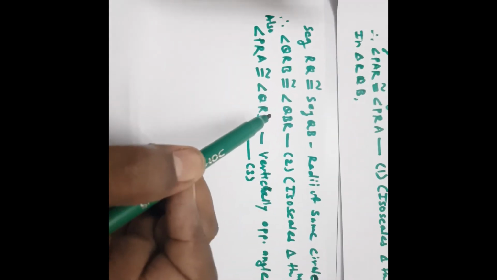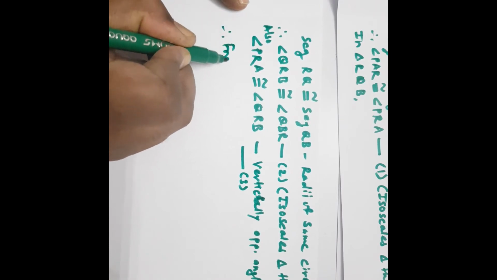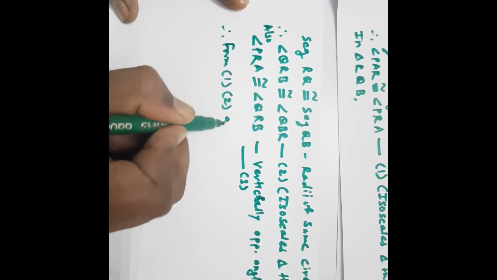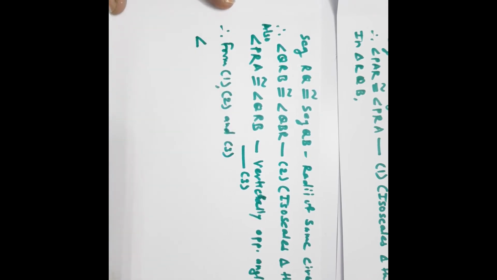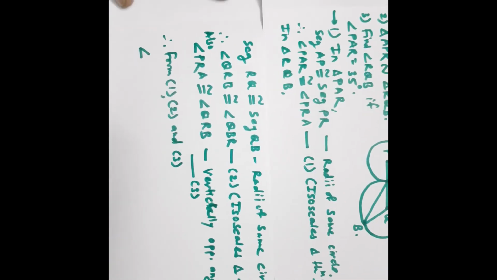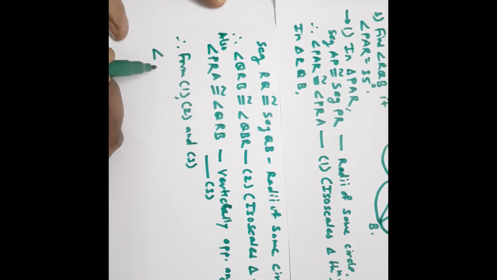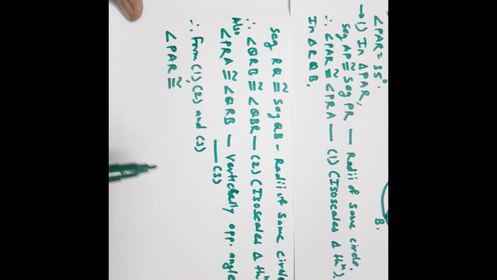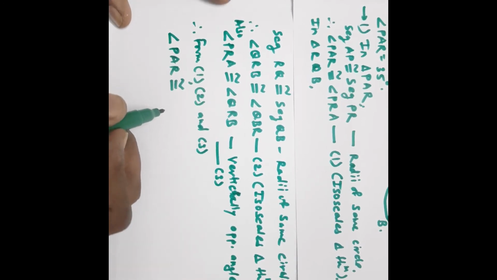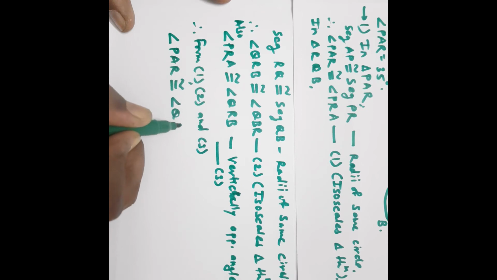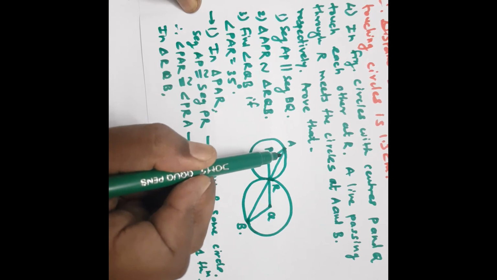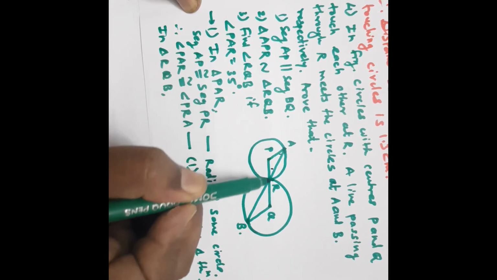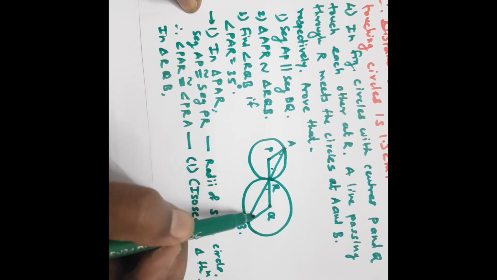Therefore, from 1, 2 and 3, in the figure, angle PAR is congruent to angle QBR. See in the figure, this angle is congruent to this angle, congruent to this, and this congruent to this.